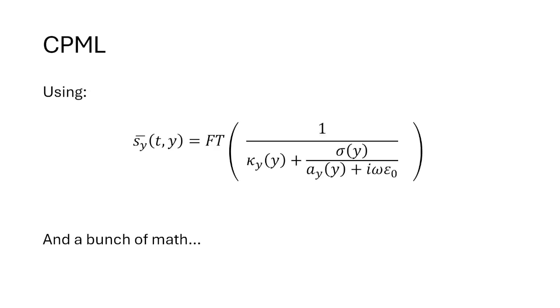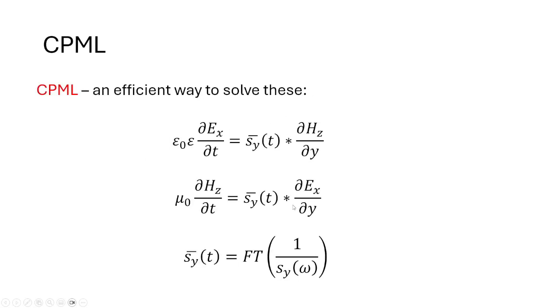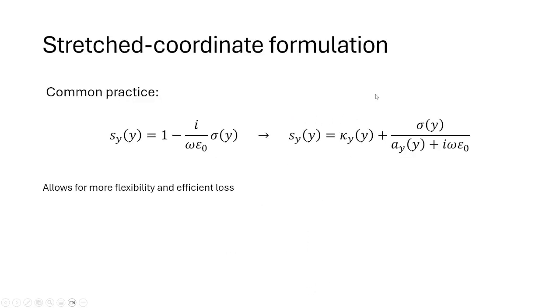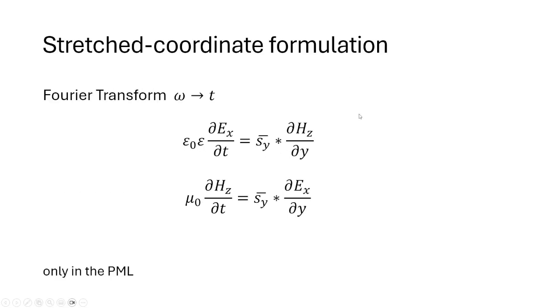So basically what we're going to say is that s_y at t and y is equal to the Fourier transform of 1 over this guy here. So again, that's just the Fourier transform of 1 over s_y at omega, where s_y at omega is given by this formula here. All right.